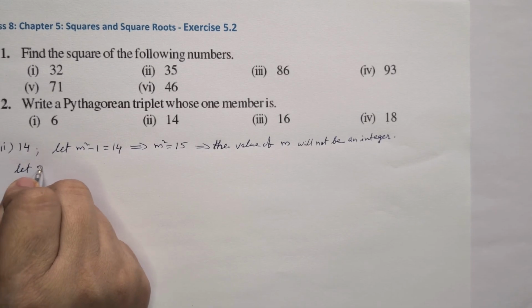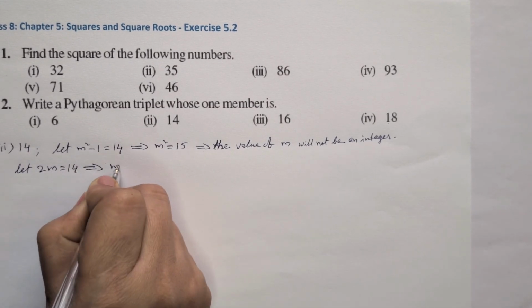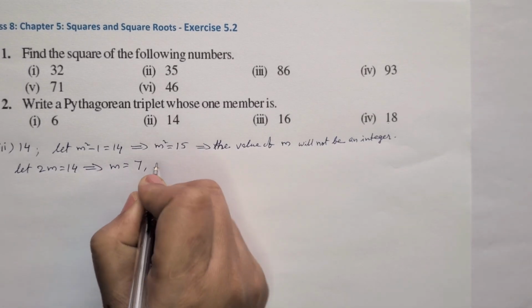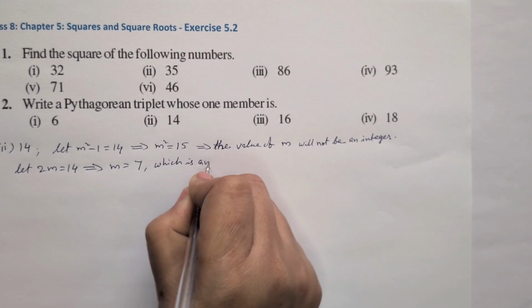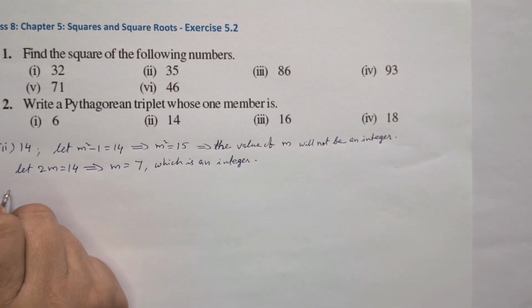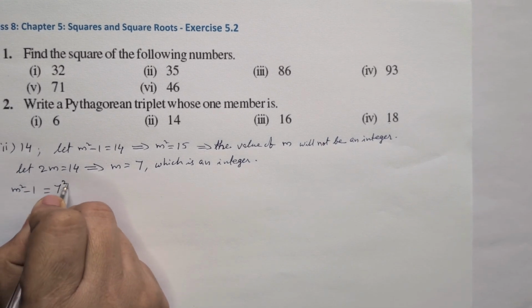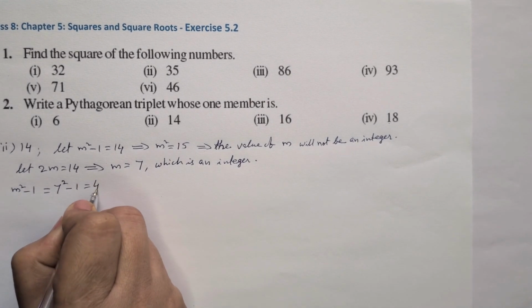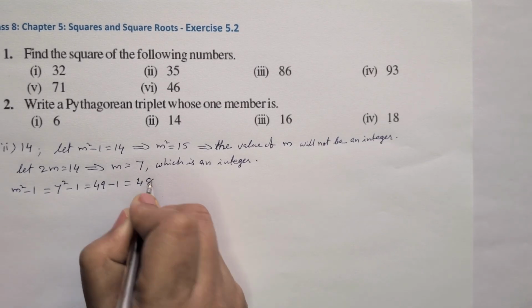Let 2m is equal to 14, which implies m is equal to 14 by 2, 7, which is an integer. From that we can find m square minus 1 is equal to 7 square minus 1, 49 minus 1 is equal to 48.